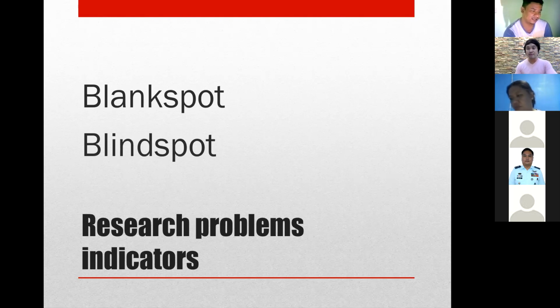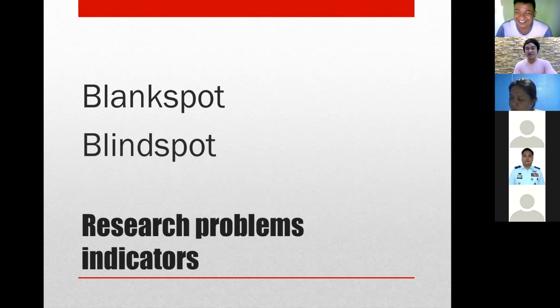Rather, the problems in the literature, or what we call gap. Ano yun pag binasa mo? Gap. Parang ngipin ko, merong 1 seat apart. May gap.